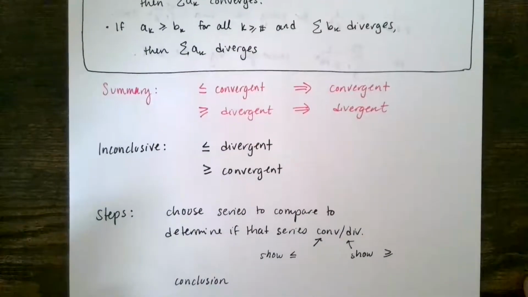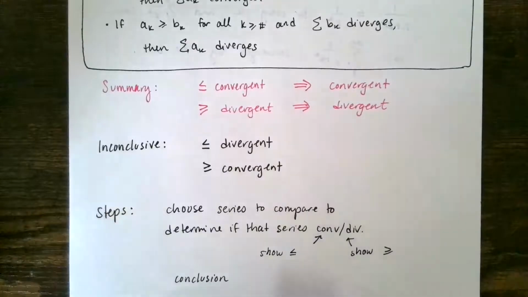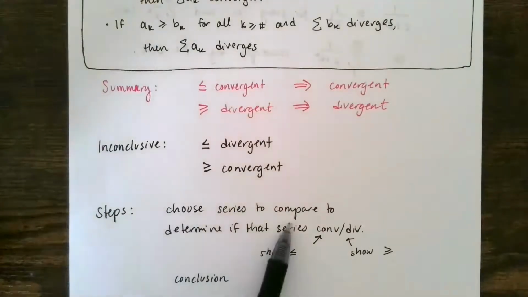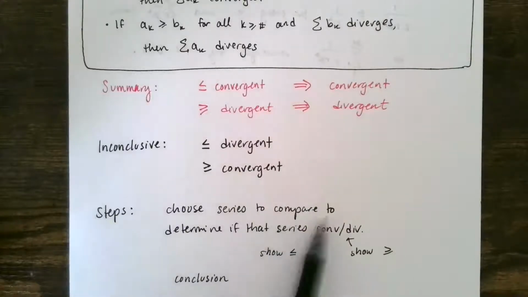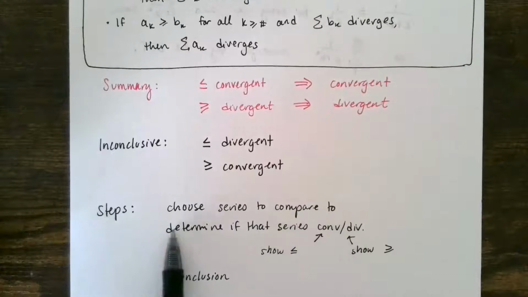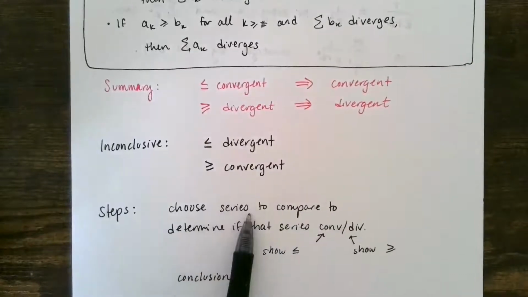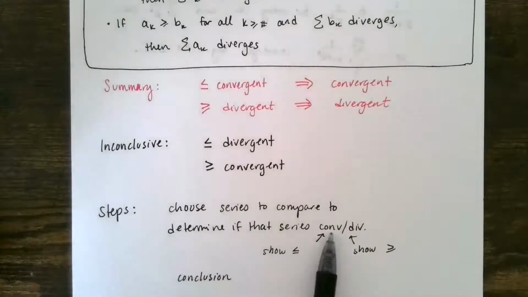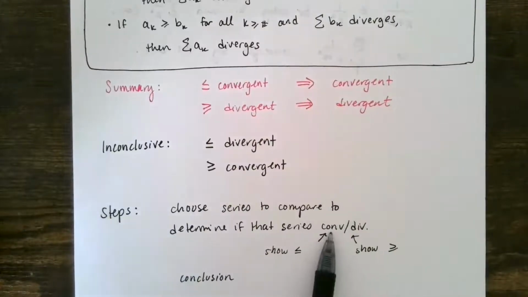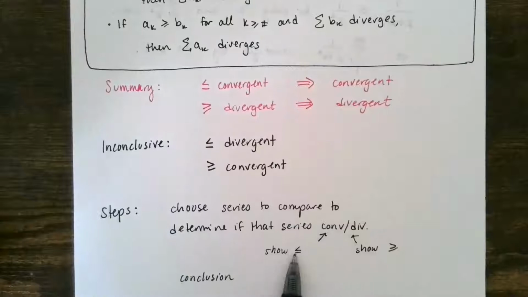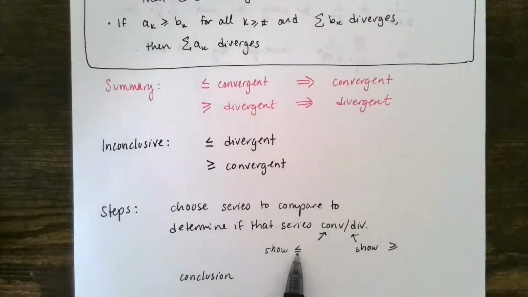Okay, so when you're applying this test, the first thing you're going to do is choose a series to compare it to. Again, it should be either a P series or geometric series that you know whether it converges or diverges, because that's step 2. So you choose a second series, which we'll get practice with, and determine if that thing is convergent or divergent. If it's convergent, you're going to attempt to show that your terms are less than or equal to those terms.